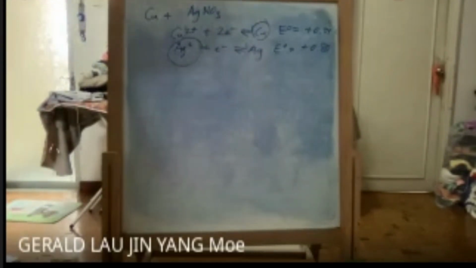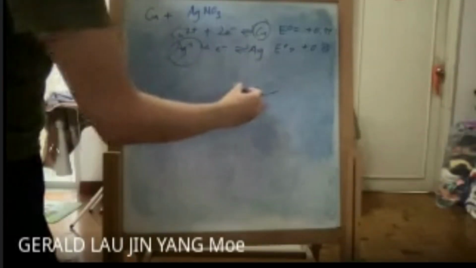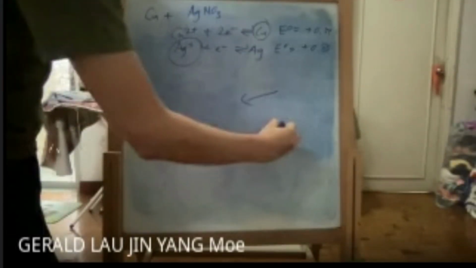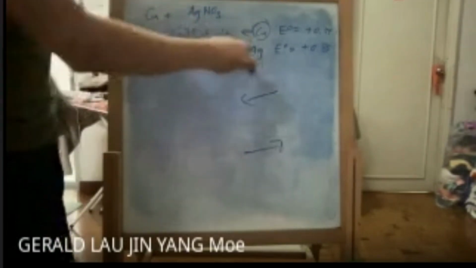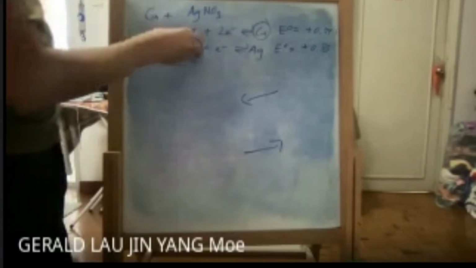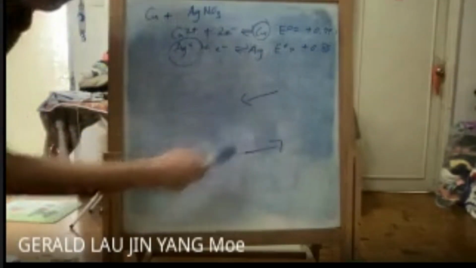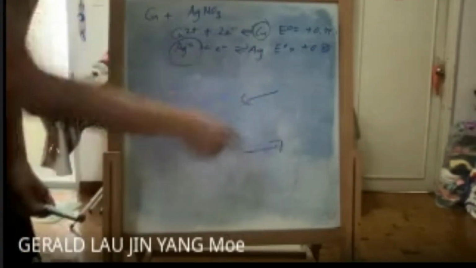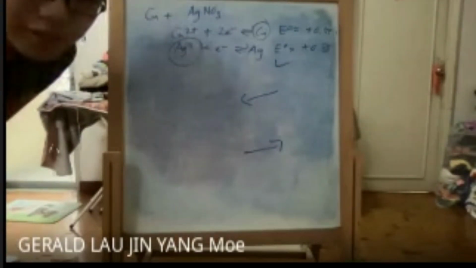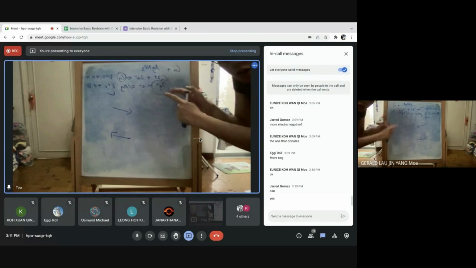Then look at the series: right to left on top, left to right at the bottom. It starts from here and goes here. Does it obey this? Yes. If it obeys this, that means it can displace. So in your head, yes, this reaction occurs.